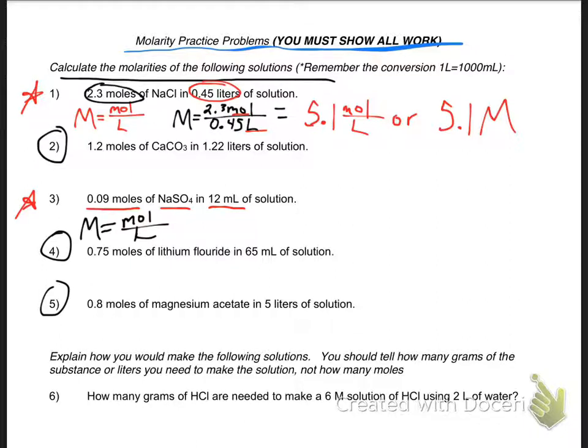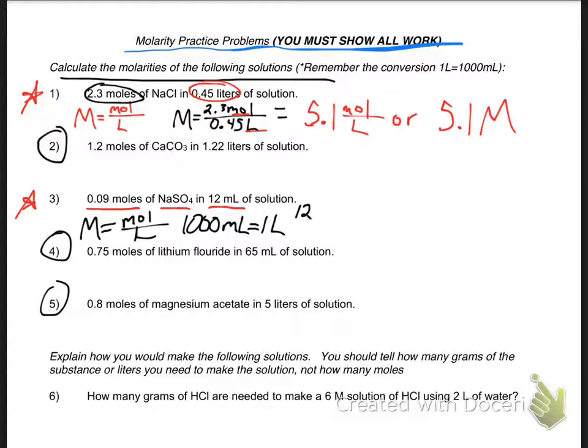Liters, that's very specific. So this is milliliters. So we're going to have to do something about that. Well, there are 1,000 milliliters per every 1 liter. So anytime you are given milliliters, you're just going to simply divide it by 1,000.